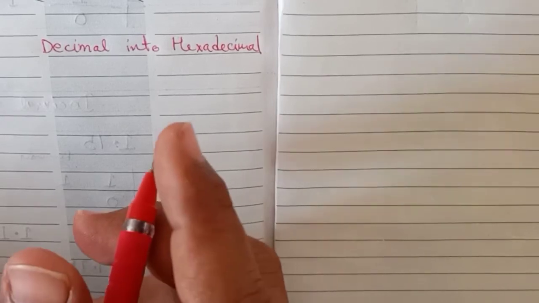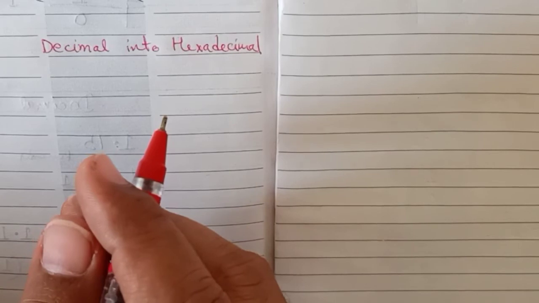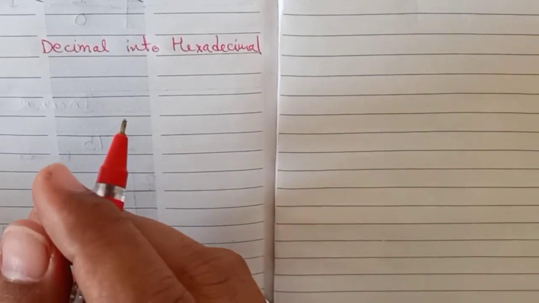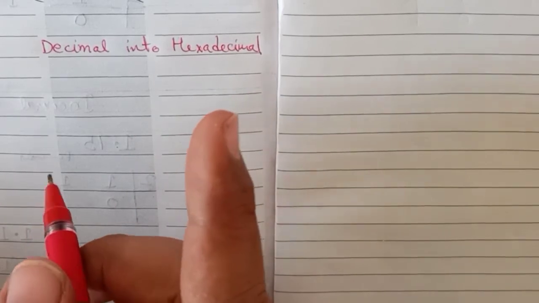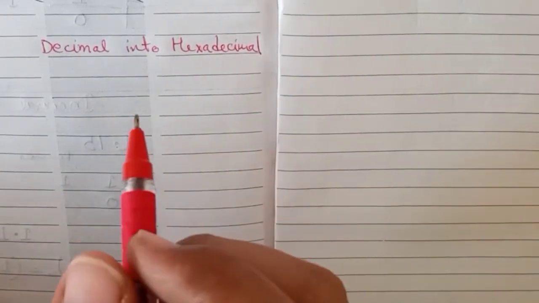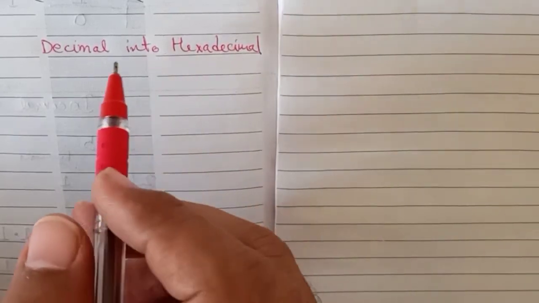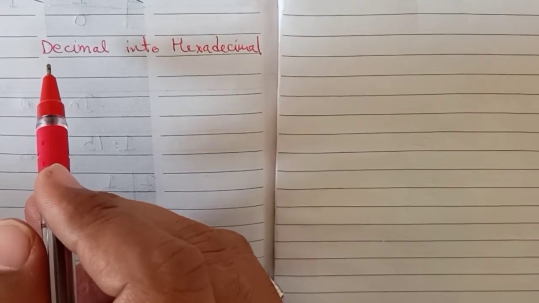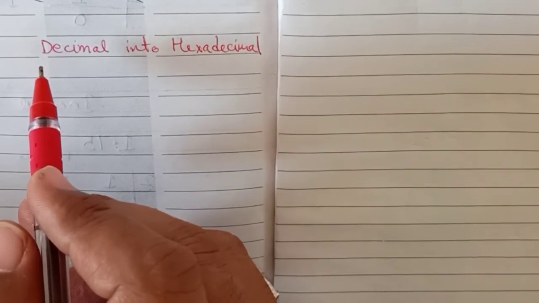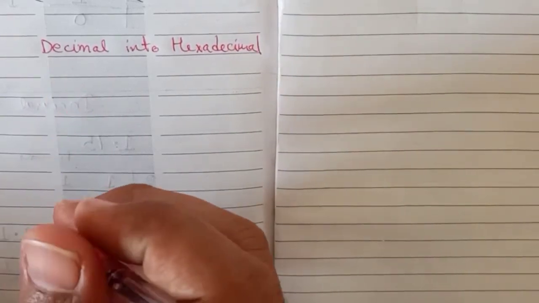I repeat again and again that if you want to make a career in computer science, then you must know the conversions, especially of binary and hexadecimal in upper classes, because these values are used in our memory concepts. But in class 11th and 12th, you need to know the conversion of decimal and binary, because these are very important from an exam perspective.